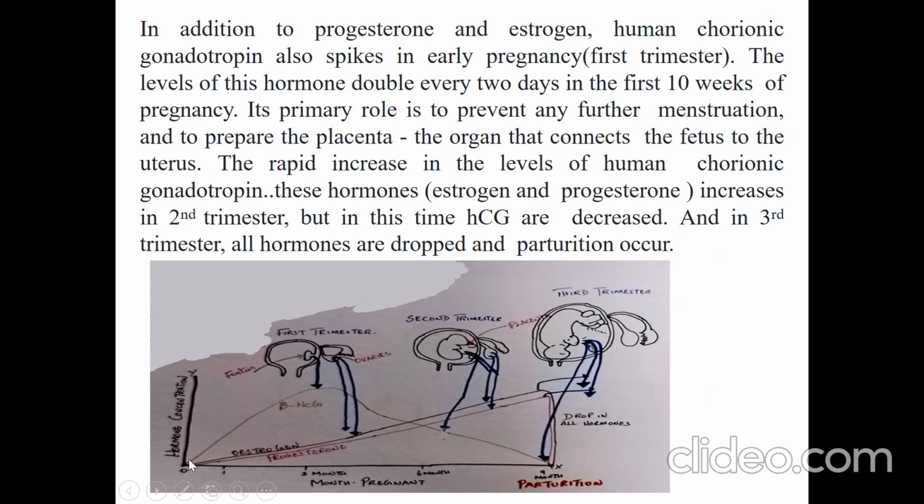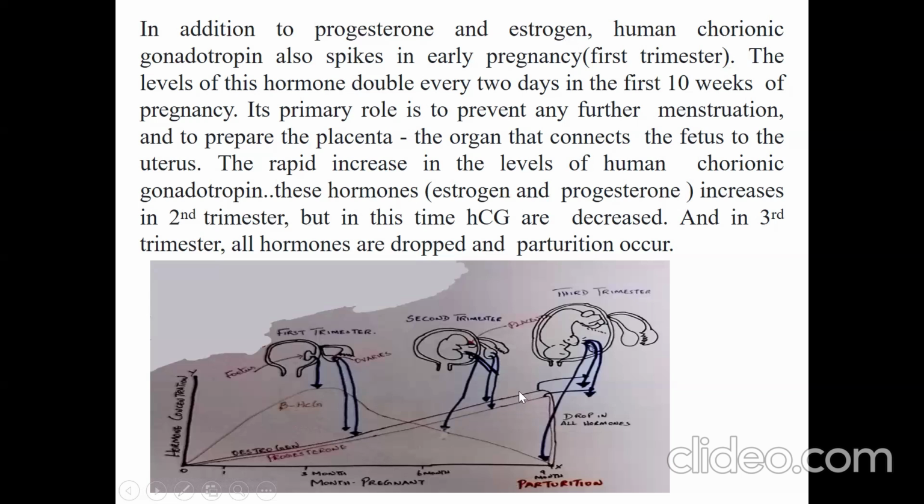You can see estrogen level and progesterone level is very low in the first trimester, whereas HCG, beta human chorionic gonadotropin, is more in the first trimester and then it reduces. Whereas in the second trimester, that is in the 6th month, estrogen and progesterone is getting more. See, in the 9th month, it is getting increased.